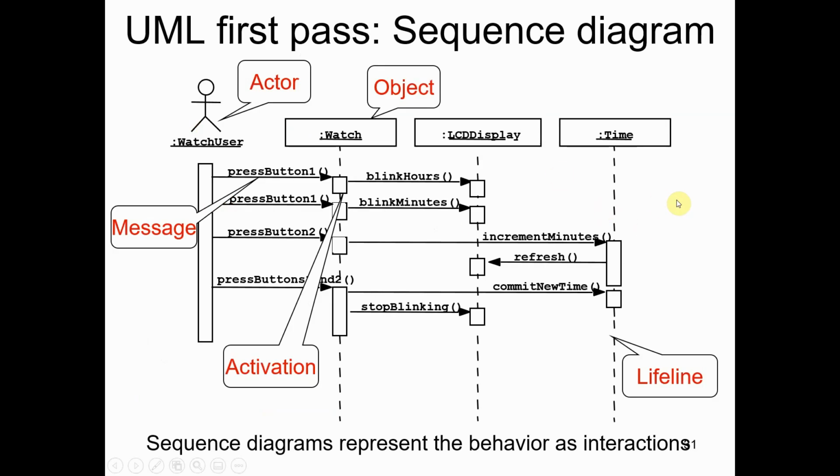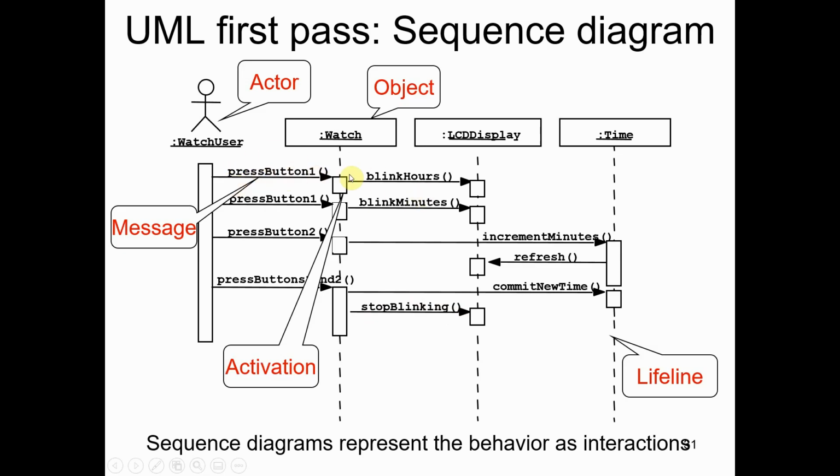The sequence diagram represents the behavior as interaction. It usually starts with an actor outside of the system, and here are the messages. Each message is actually a function call. When you call this function, it will trigger a chain effect, and eventually you get a return, a response to this initial function call.